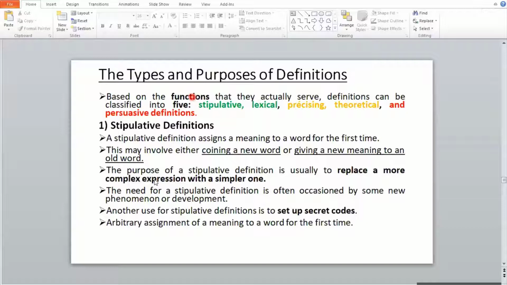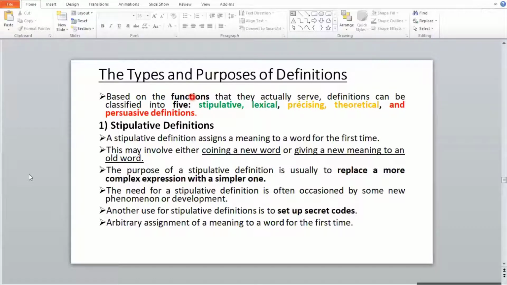Under this definition, the meaning that we give to the term or the subject of the definition is given for the first time. So a stipulative definition is the giving or assigning of meaning to words for the first time.